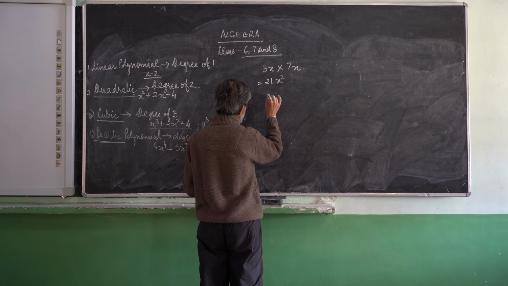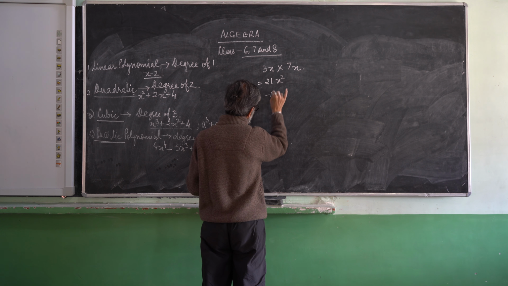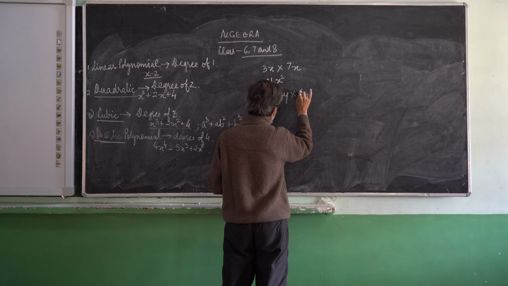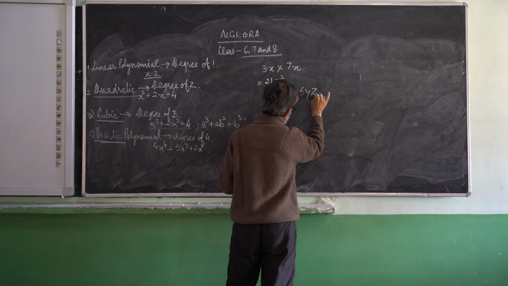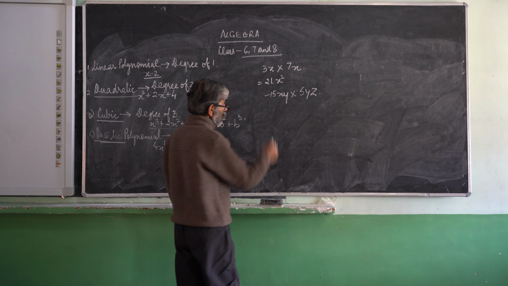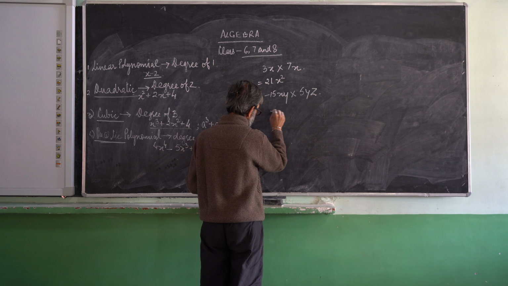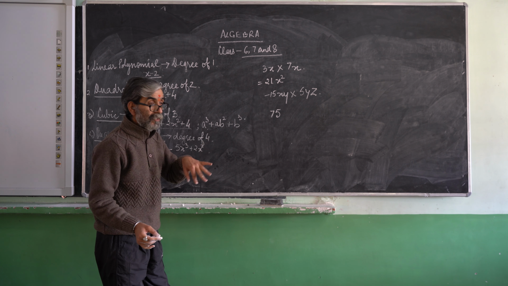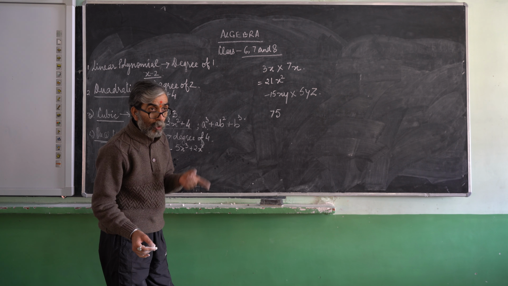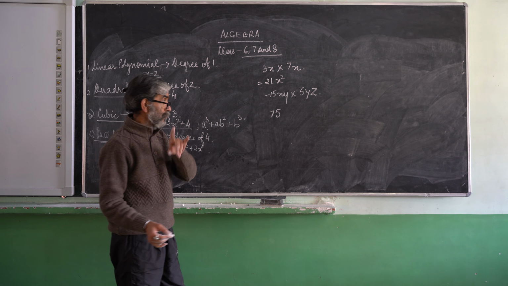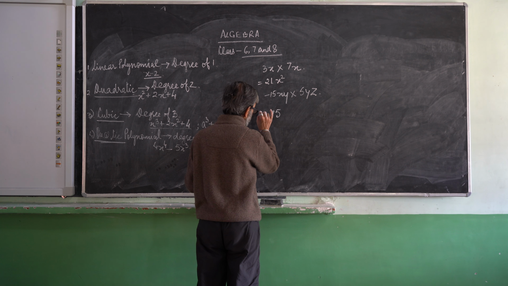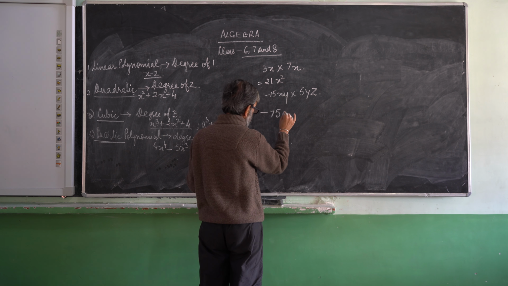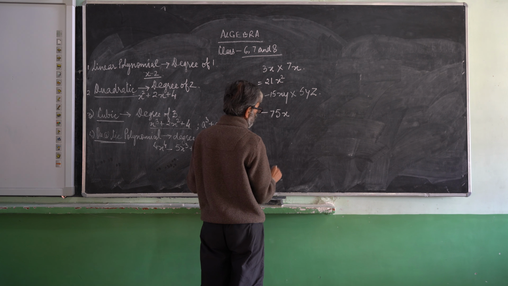Suppose, another example, we take minus 15xy multiplied by 5yz. 15 fives are 75. When numbers with different signs are multiplied, the product is always negative. I told you while we were doing integers, 15 fives are 75, minus 15 times 5 is minus 75. Now, x will remain as it is.